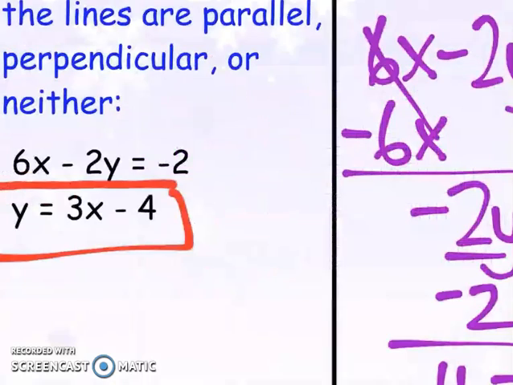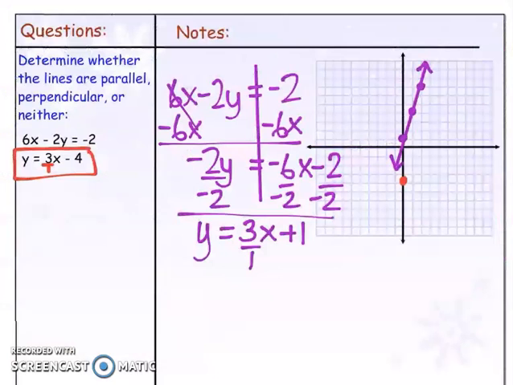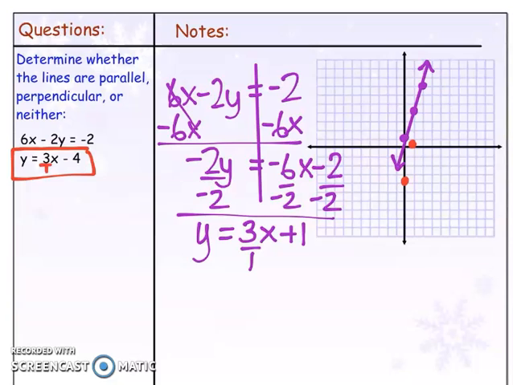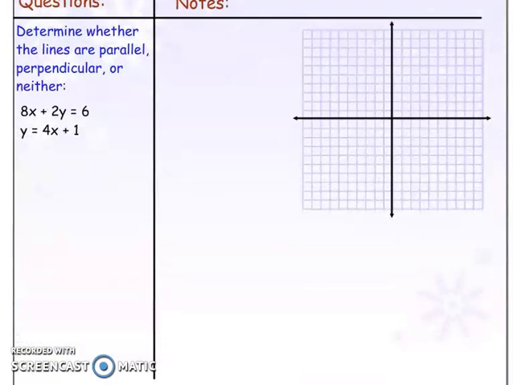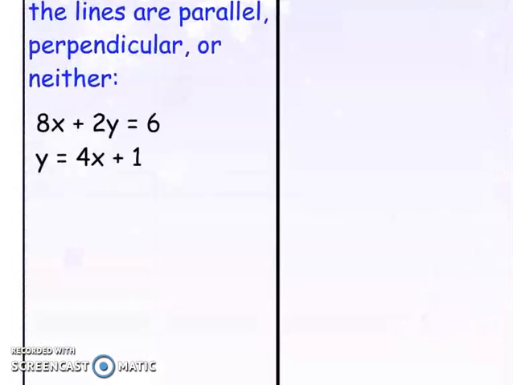And the slope is up 3 over 1. So you should see that these lines are parallel. So they have the same slope. So here is my slope, and here is my slope. So you don't have to draw a graph, but I just wanted to show you what they look like on a graph.